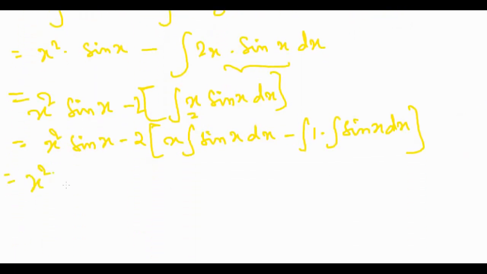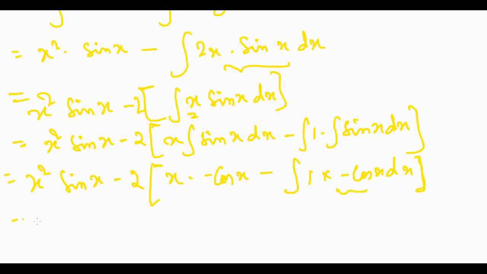So we need to keep on simplifying this. Now integration of sin x is minus cosine x. So still I need to do this integration. This process is lengthy, as you can see. This will be minus minus, it will become plus.